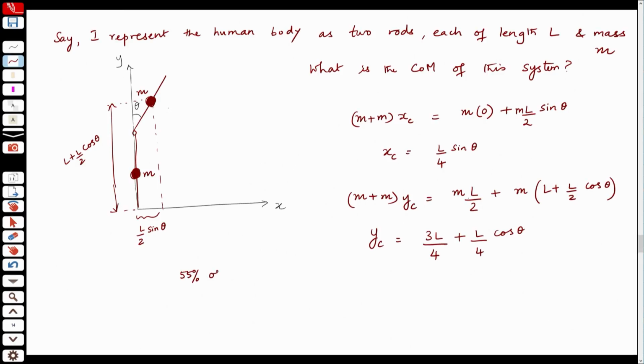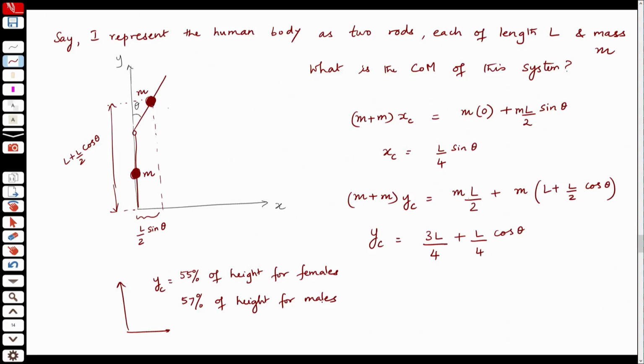Typically, for a person who is standing in the normal standing position, for adults, the center of mass from the ground is located at about 55% of the height for females, and about 57% of the body height for males.